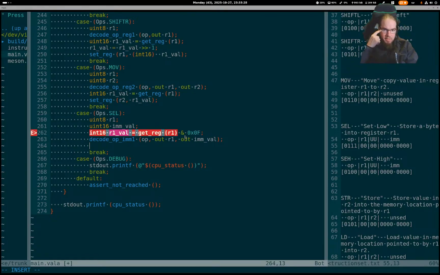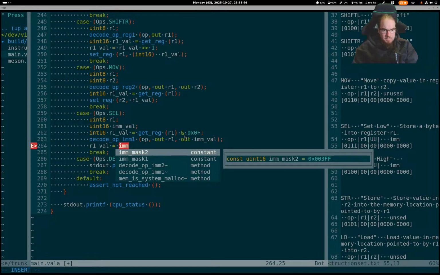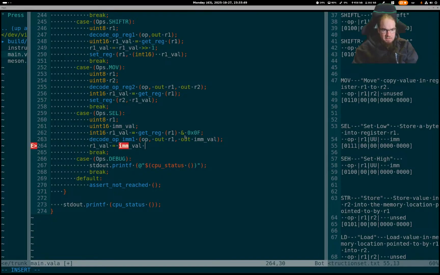And then we're going to add im val to R2. R1 val equals 2 im val plus. We want to have to mask that too, don't we?